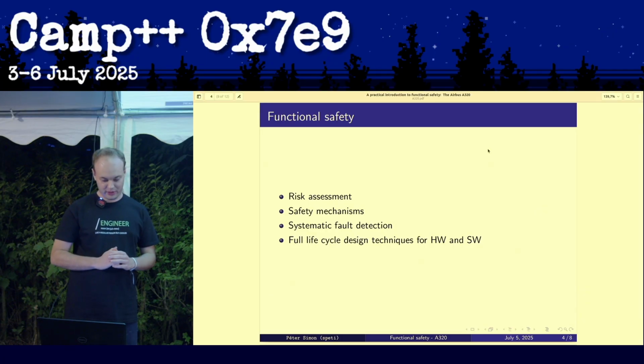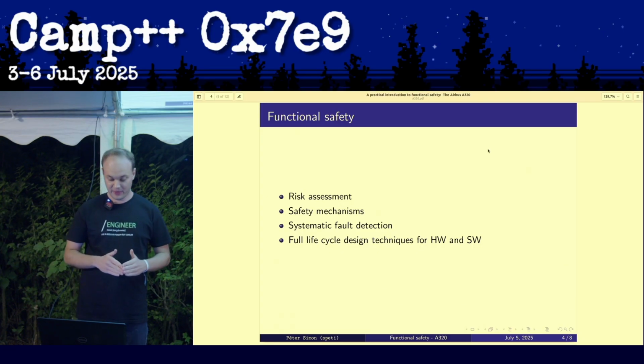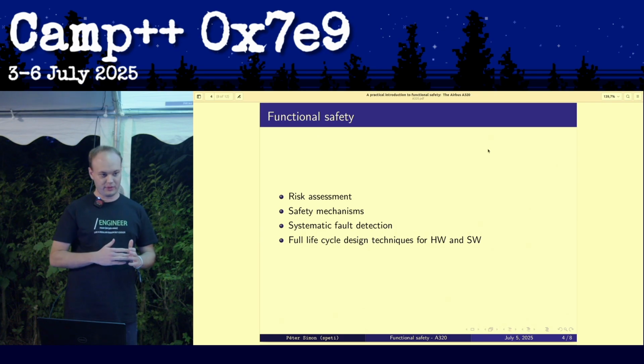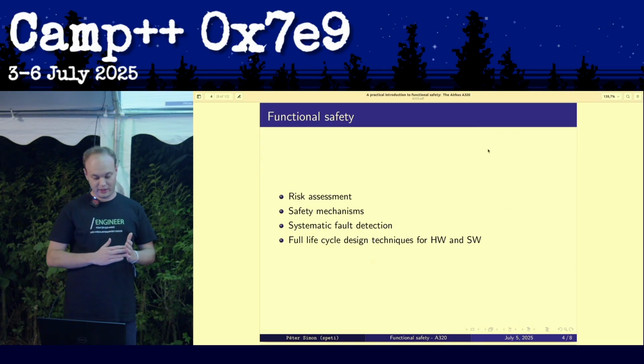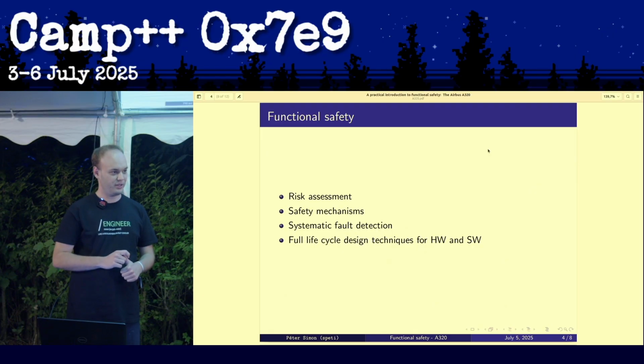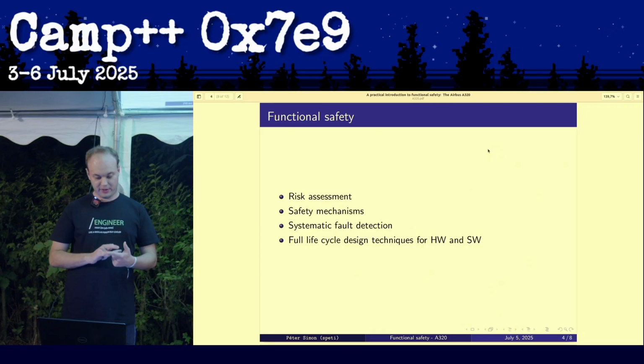So the main goals of functional safety and its design process: it covers the full life cycle of either hardware or software development. First of all, you need to evaluate and assess what risks you have in your system, and what safety mechanisms you can use.